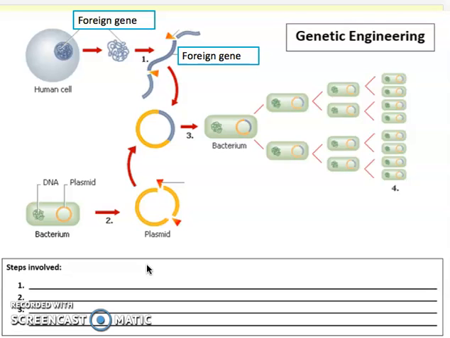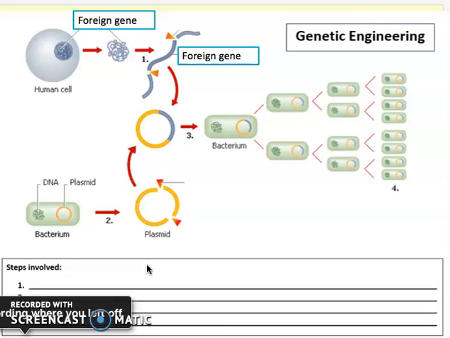Question number 3. Which part of the bacteria is removed so that the foreign gene can be inserted? Question number 4. How do bacteria reproduce? Is it asexually or sexually? Question number 5. Are all the bacteria similar, the same, or different when they reproduce?